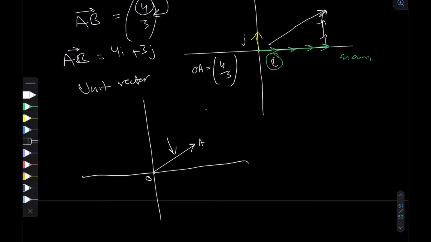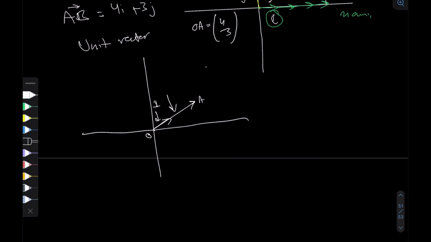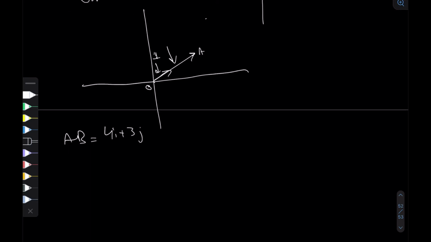And I want to find a vector that follows the same direction, but its magnitude is only 1 unit. So we know that if OA is 4i plus 3j, then we can find the magnitude simply using Pythagoras' theorem.